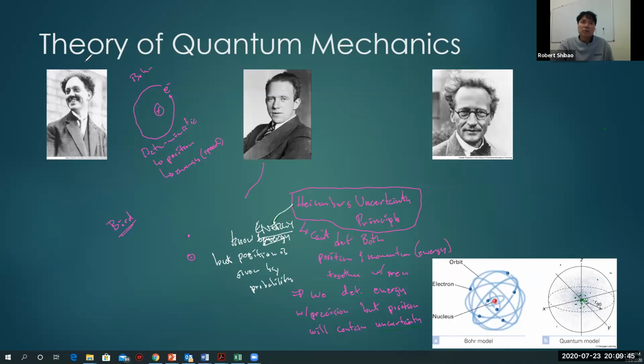And so if we take de Broglie and Heisenberg, then comes Schrodinger. This is Schrodinger. And Schrodinger's equation is the equation of quantum mechanics.